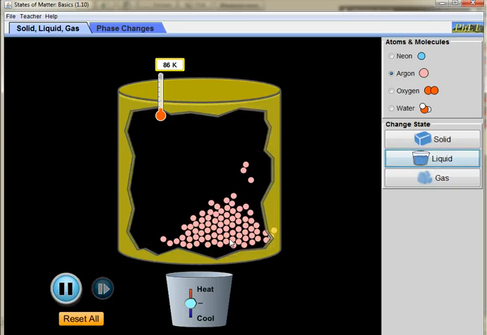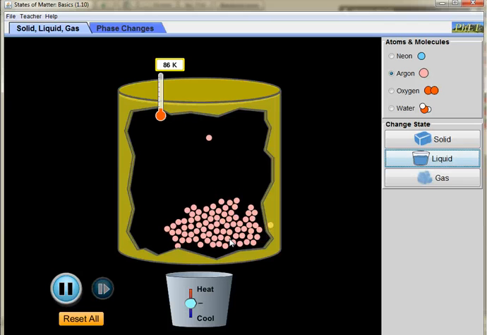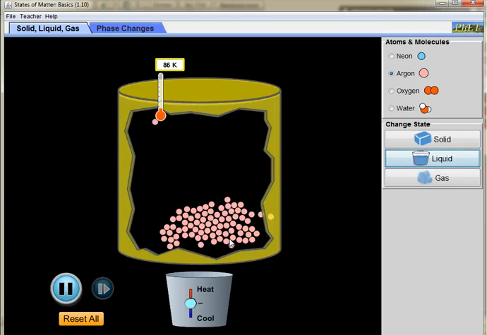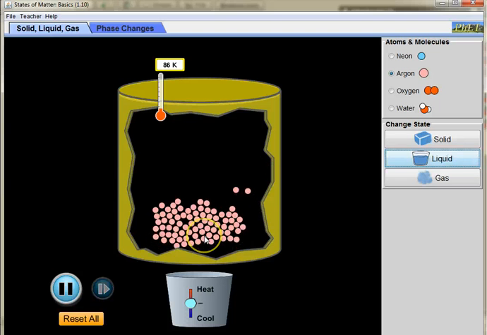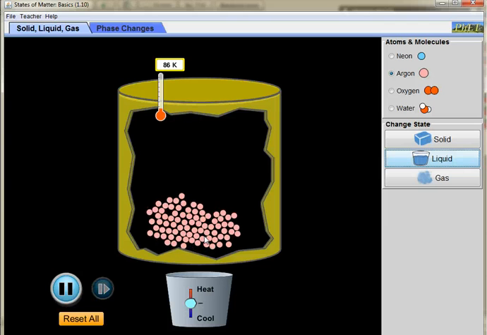No, the particles are same. Yes, they are still argon particles. Doesn't matter if it's a solid or a liquid, it is still an argon particle. There is no change in the shape, size or color of the particle. That means that the particles are same.